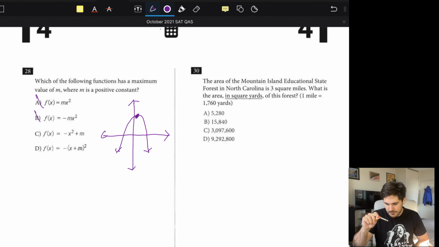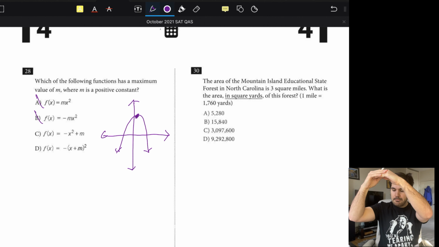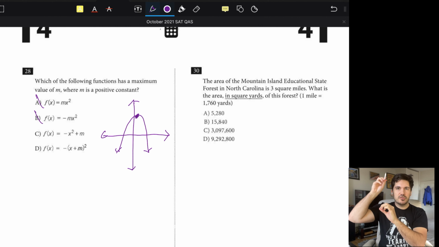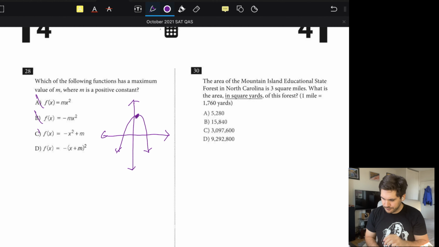Same with B, rather than a maximum value. Yeah, I think it should be C, because you're going to have your quadratic, which is negative x squared over 2, and then you shift it up m to reach its new top point. So it should be C.